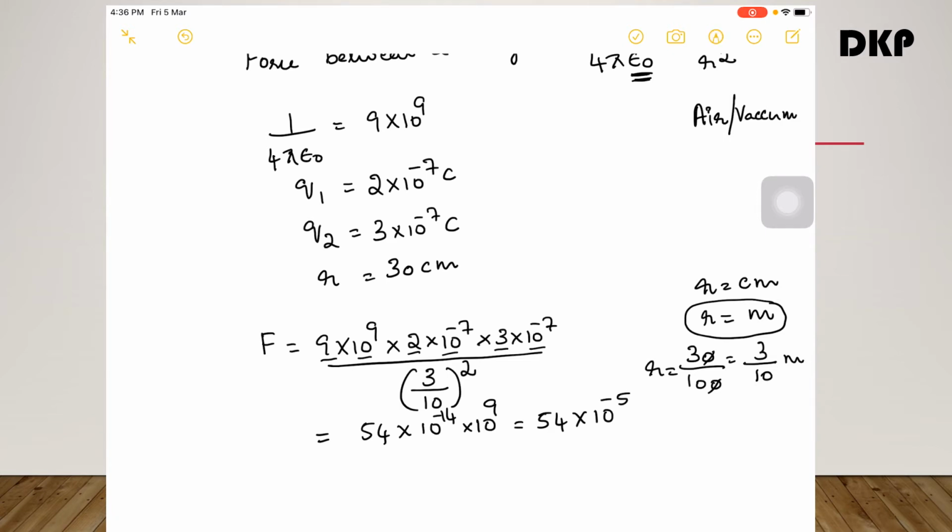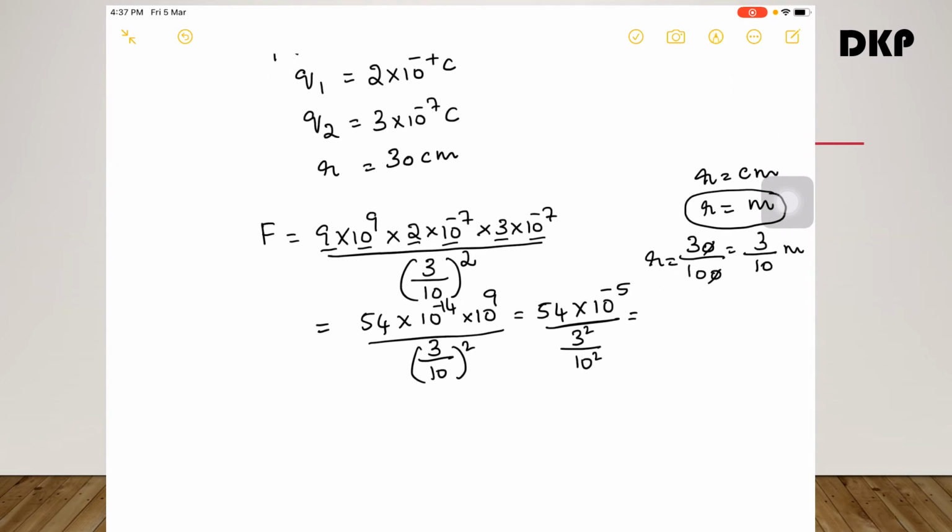54 into 10 to the power of minus 5, and in the denominator you have this 3 by 10 square. 3 square means 9, 10 square. This 10 square you can bring to the numerator, so that it will become 54 into 10 to the power of minus 5 into 10 to the power of 2, and in the denominator you have 3 square, which is 9.